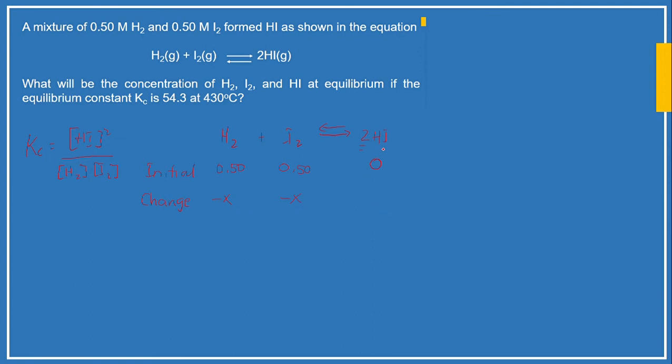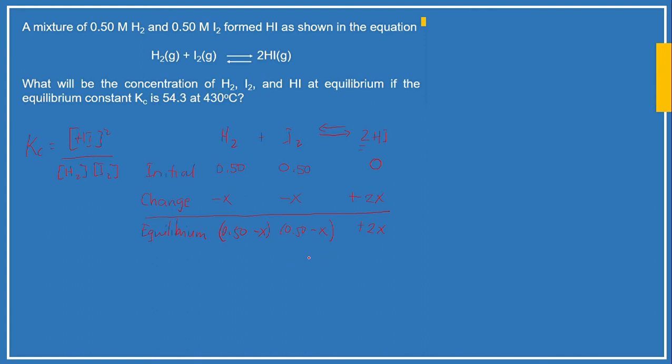At, base sa chemical equation natin, okay, madadagdagan naman yung product natin ng dalawang amount ng X. Plus yan. Okay? So now, at equilibrium, ano na mangyayari? So, yung 0.50 ay mababawasan ng X. Ang I2 natin na 0.50 rin ay mababawasan ng X. Tapos, ang product natin ay magiging 2X na. Okay?